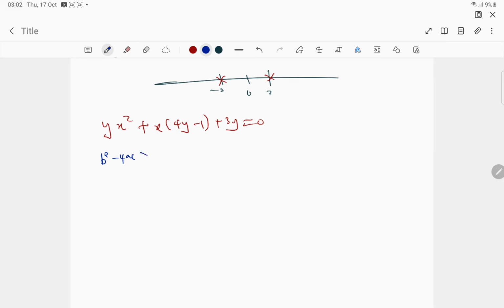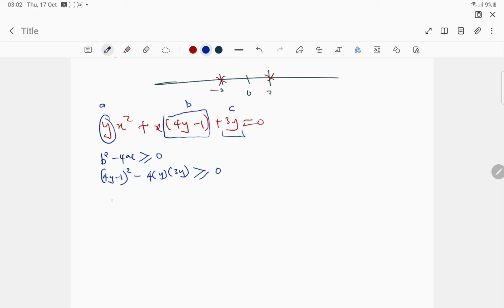We want it to have a solution, so it's greater than or equal to 0. So we take y, 4y minus 1, and 3y as our a, b, and c respectively. So b squared, which is (4y minus 1) squared, minus 4 times y times 3y should be greater than or equal to 0.